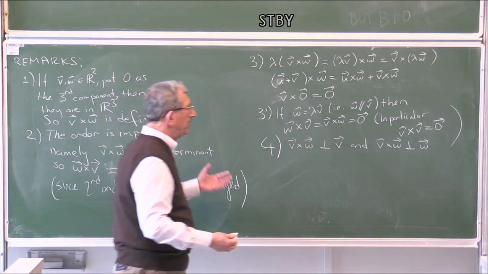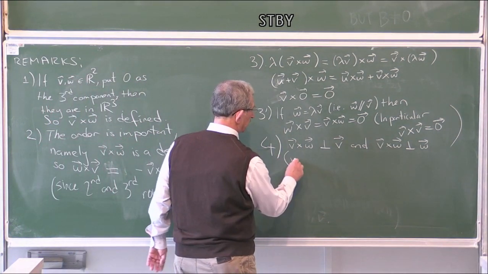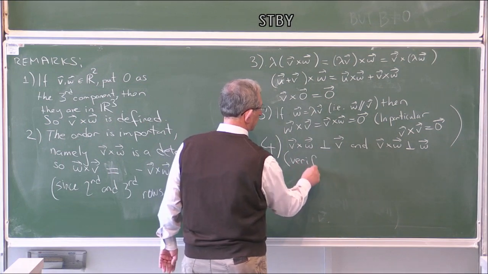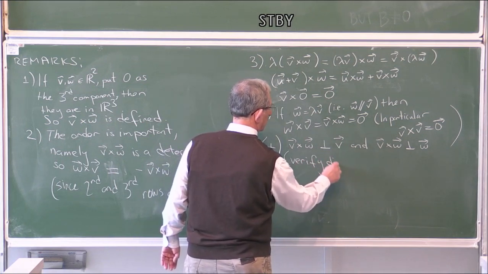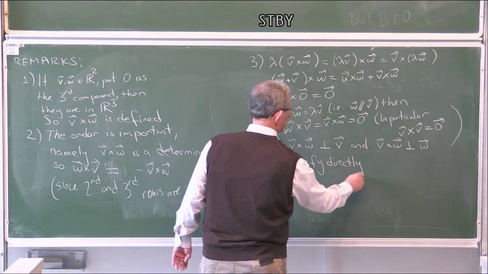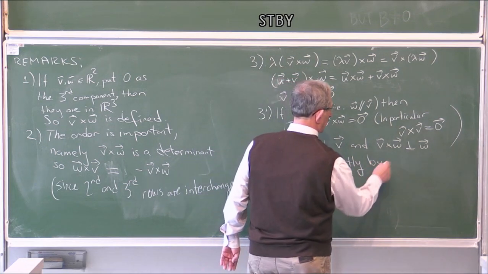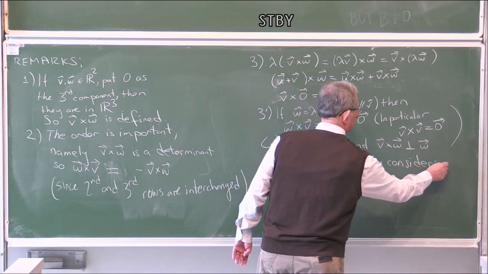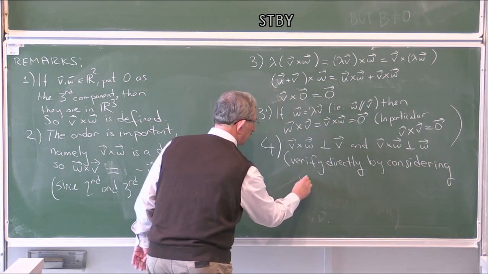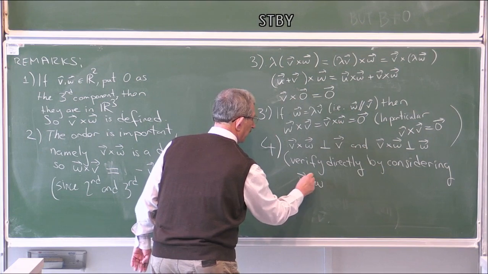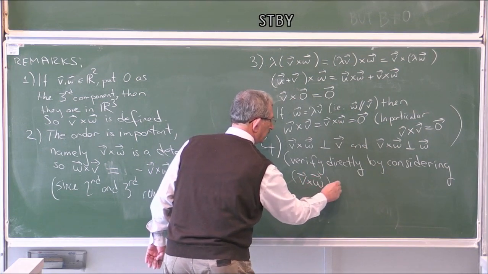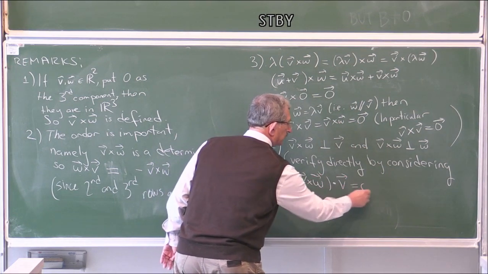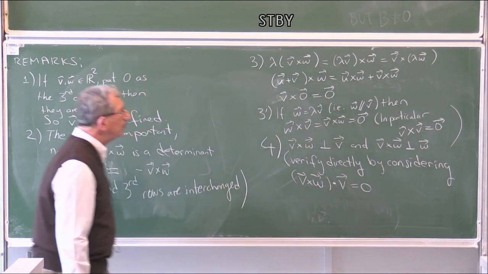Well, this can be verified directly and very easily, by considering V cross W dot V, which is equal to the 0 value all the time.